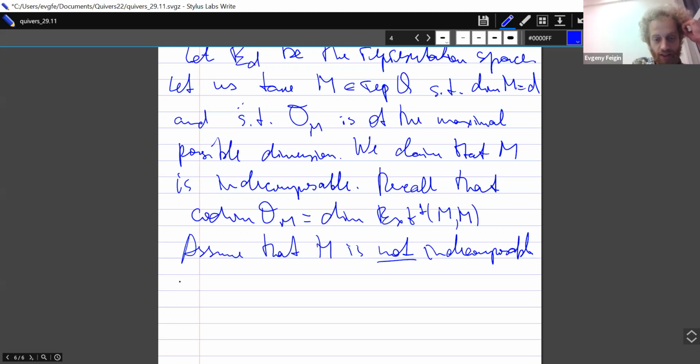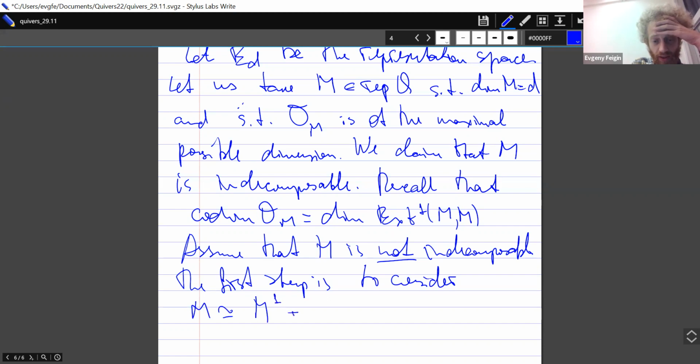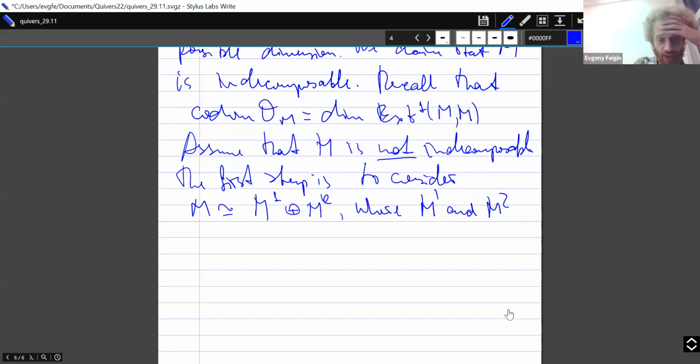And so the first step is to consider M isomorphic to M1 plus M2, where M1 and M2 are indecomposable representations. So let's work in this situation.